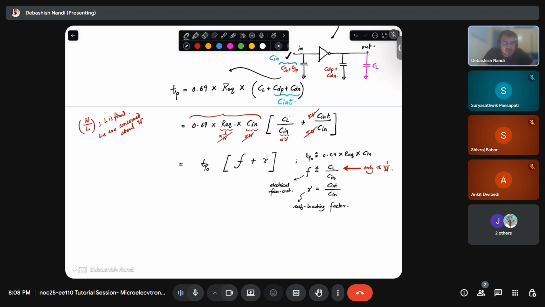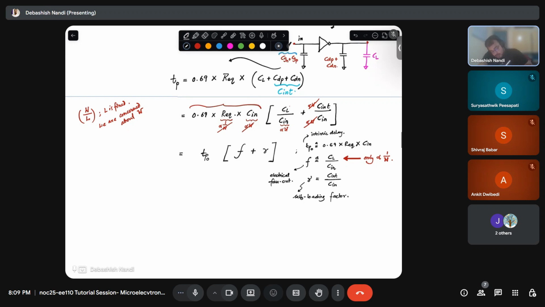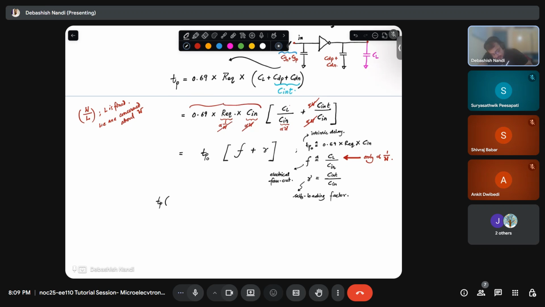F also makes sense: how large a CL it can drive. And TP0 is called the intrinsic delay. So TP as a function of W is equal to TP0 times F as a function of W plus gamma.